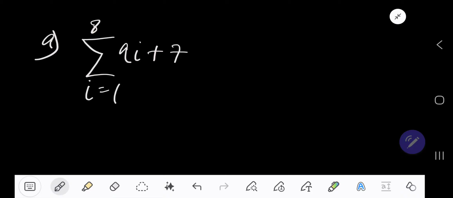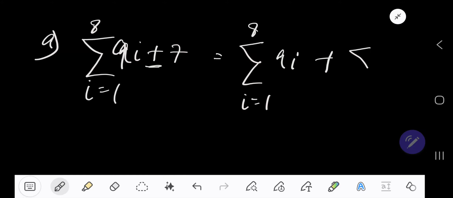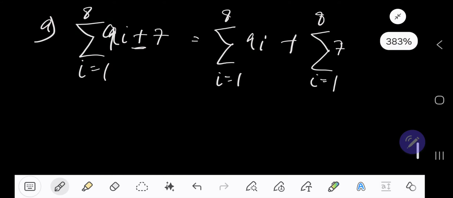What would this be? We can again separate this into two summations because of the sum rule. So this equals the summation of 9i, i equals 1 to 8, plus the summation of 7. We know this just equals 8 times 7, which is 56, according to the constant value rule.